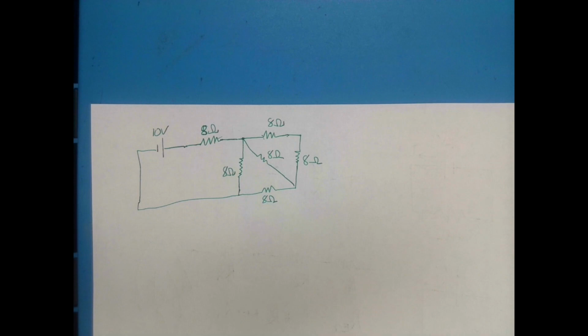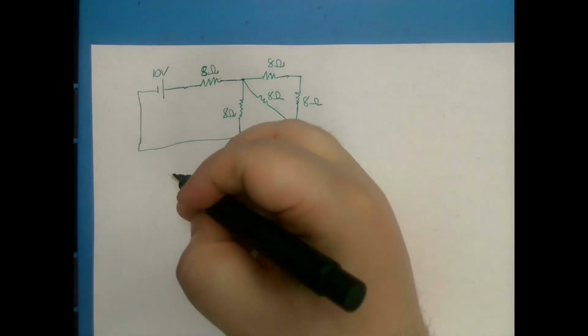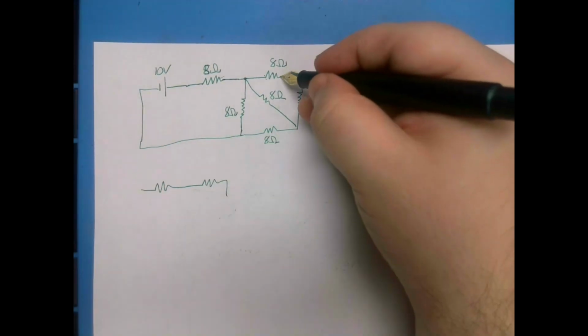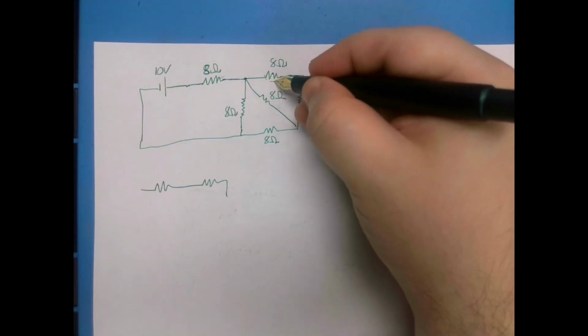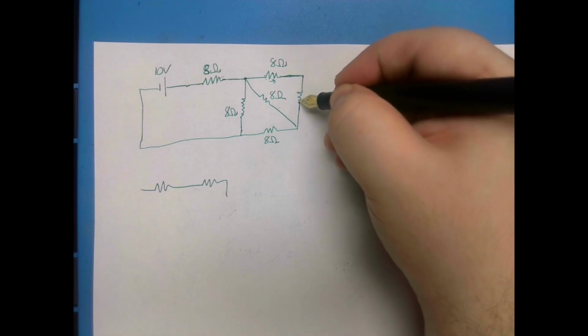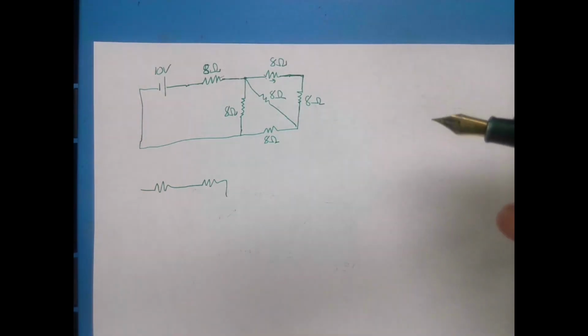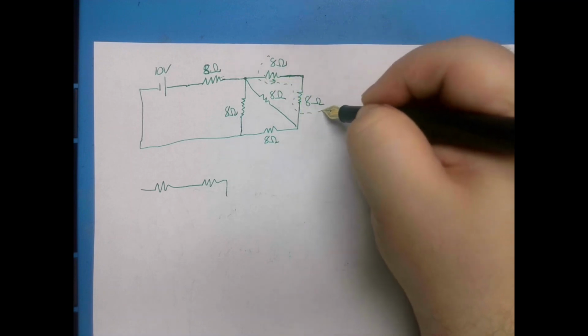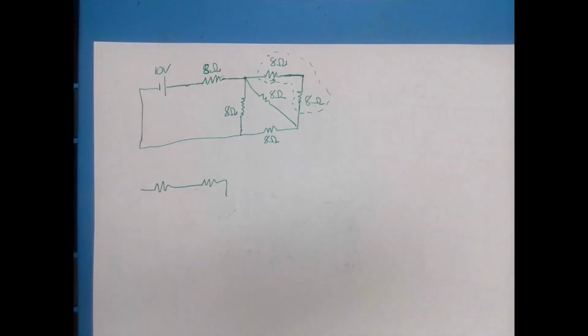Series have to be the ones with no branches between them, so current doesn't divert anywhere. So at the top corner, current is going in this direction, and then enters this one. It never diverged or went everywhere. So these two are in series.